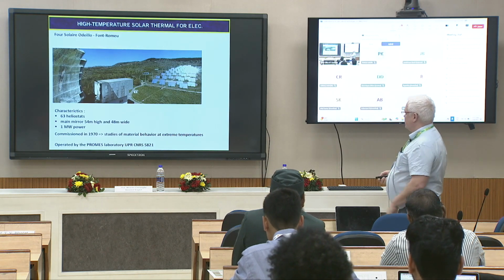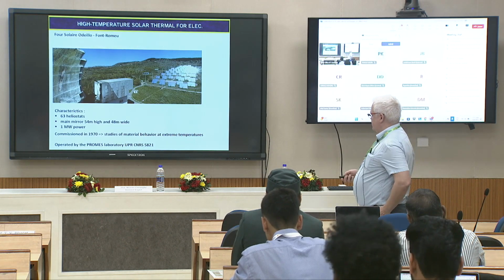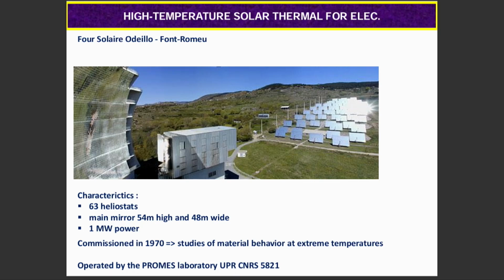So yes, it's really impressive, and you see that it is in the mountain. You can reach 1 megawatt power. It started to be built in 1960 and finished in 1970. And so they study a lot of different materials, behavior, resistance under high temperature.